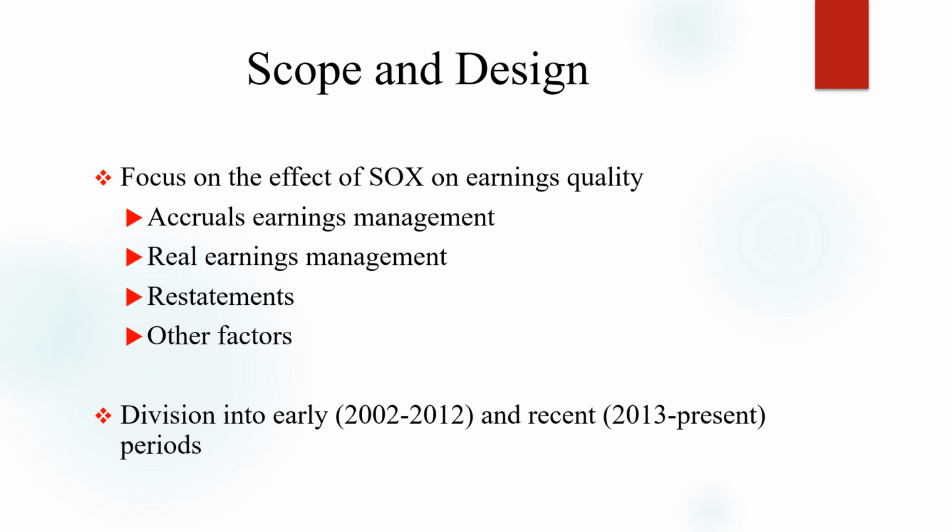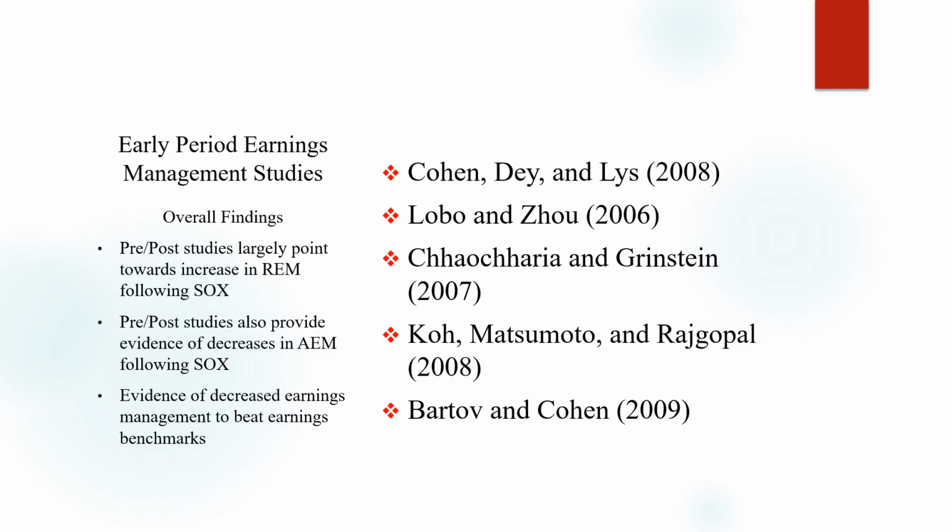By narrowly focusing this and looking at these two time periods, the question that I am focusing on is, what was the impact of Sarbanes-Oxley on earnings quality, and is that impact stable and consistent through time? By dividing it into two time periods, we're able to see whether the effects that Sarbanes-Oxley had early on, did those last through time, or did they somehow change as time went on? And that's what this is going to focus on.